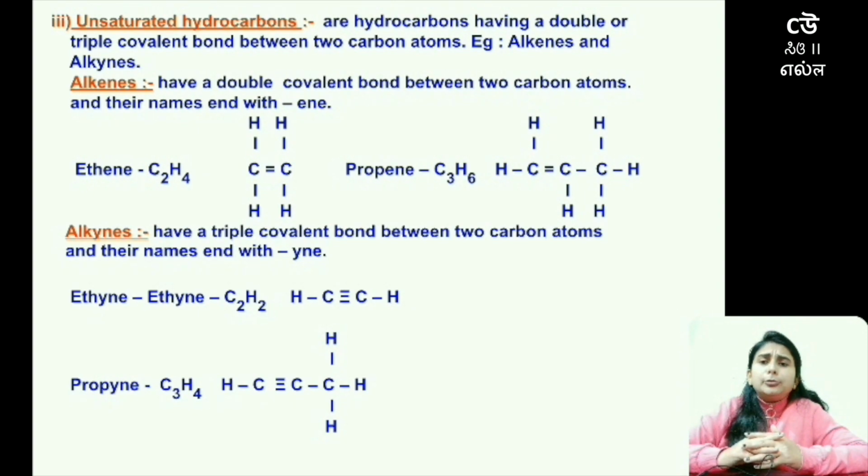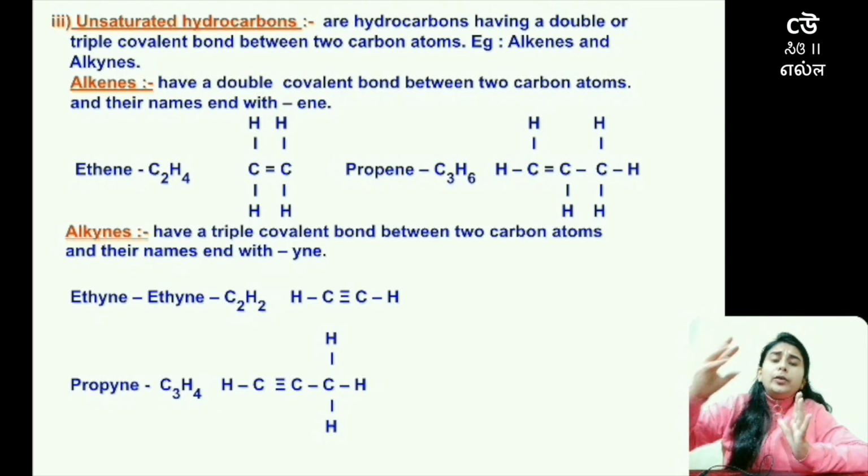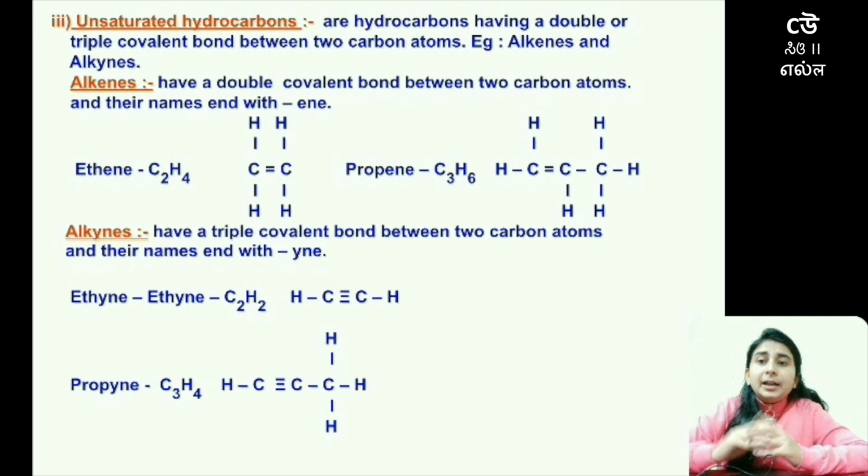So talking about alkenes, here you will find those hydrocarbon compounds where they will share double covalent bond. So here we have ethene. Eth means 2 carbon atom and the number of hydrogen atoms are 4. So we'll first place a double bond or 2 covalent bonds between the carbon atoms.